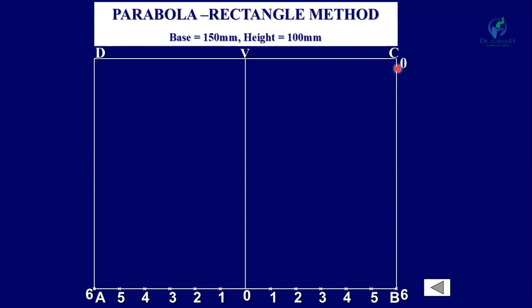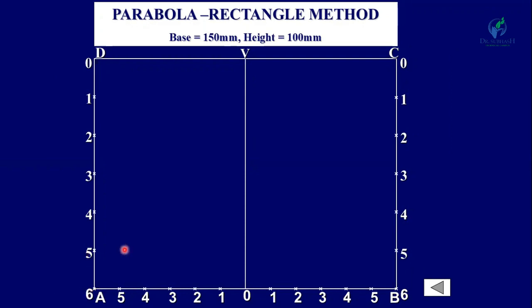Now, on the vertical line, mark the points from C to B: 0, 1, 2, 3, 4, 5 and the last one is 6. Similarly, on the line B to A, mark the points 0, 1, 2, 3, 4, 5 and finally 6.